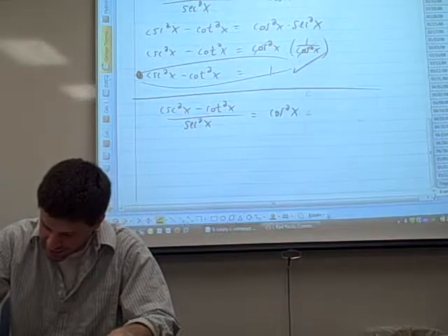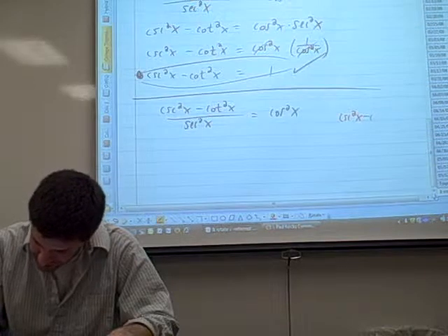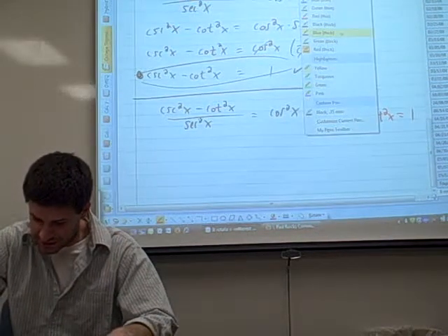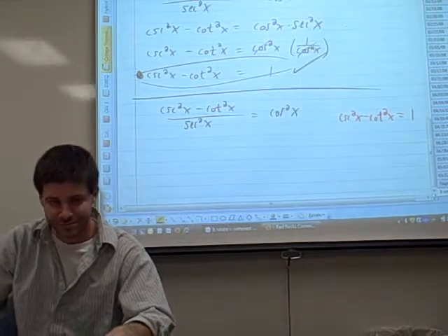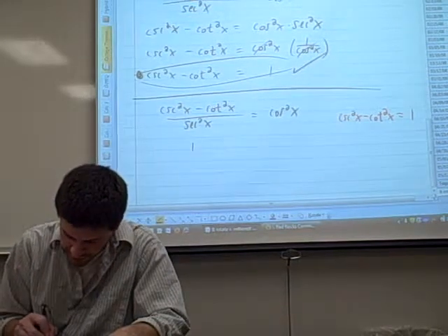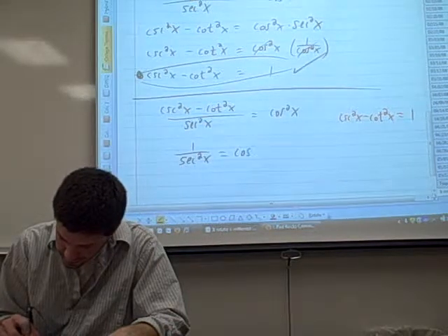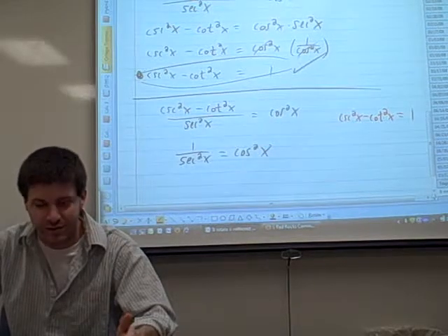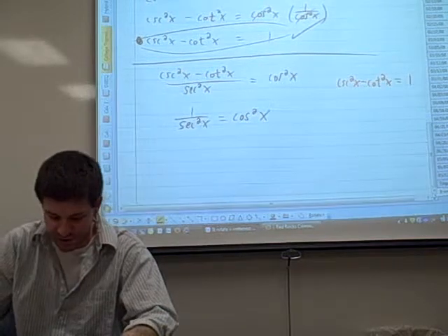So I'm just going to plug that in. Cosecant squared minus cotangent squared equals 1. That's a Pythagorean identity. We moved a couple of terms around, but it is true. So I'm going to replace the numerator here with a 1. And we have 1 over secant squared x equals cosine squared x. Well, of course that's true. Secant and cosine are just reciprocals of each other.